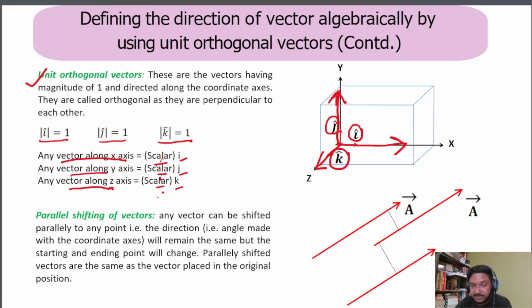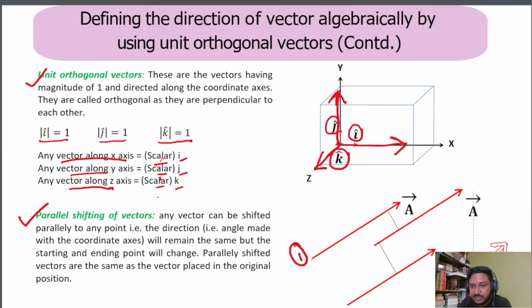Then the next concept is the parallel shifting of vectors. Now the vectors always have a definite direction, but parallel shifting is allowed. As you can see in this diagram, in this first case, this is the vector which has a definite direction and a definite length. Now this vector can be moved in space.